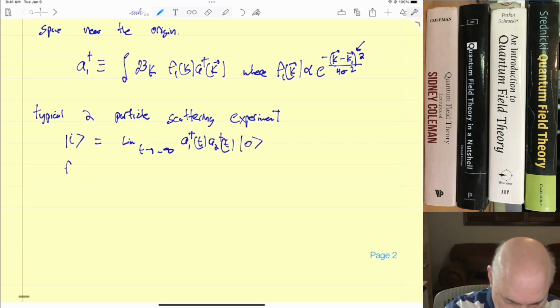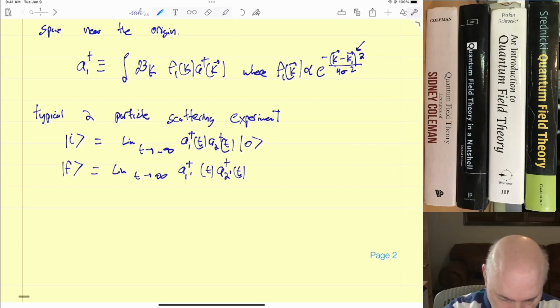And our final state is equal to the limit t goes to infinity of a1 prime dagger(t), a2 prime dagger(t). So we have incoming particles with k1 unequal to k2, so they're not collinear.